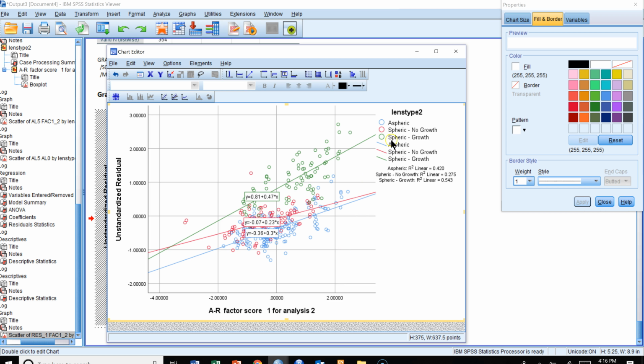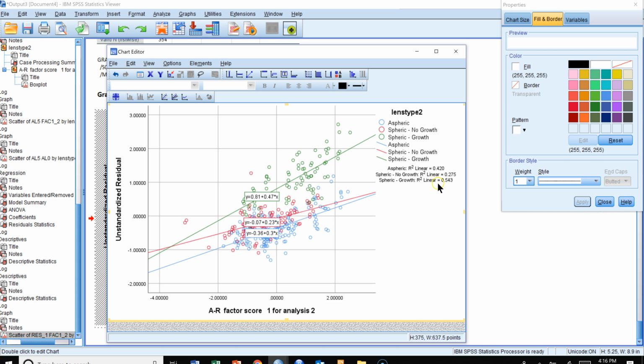The red is the spheric no growth, and really the spheric no growth and the aspheric groups are not as related. They're still kind of related, but not as related as the spheric growth. And you can see here our R-squareds are pretty high.